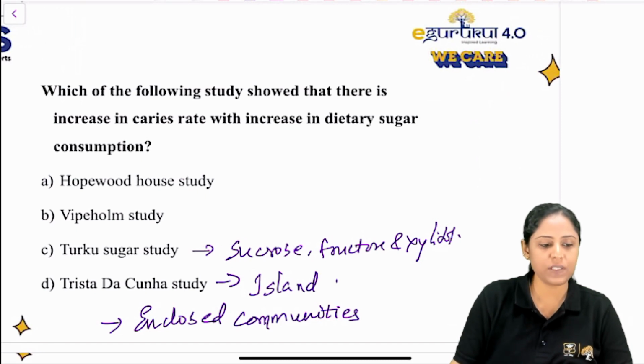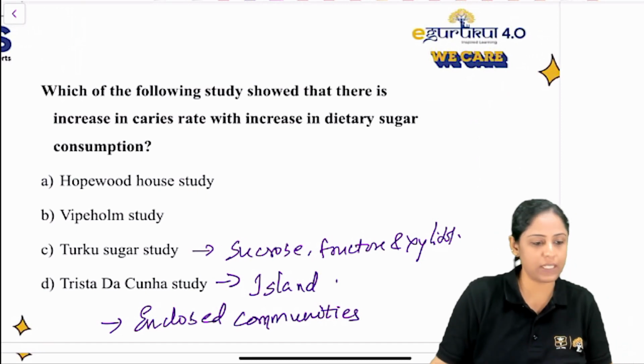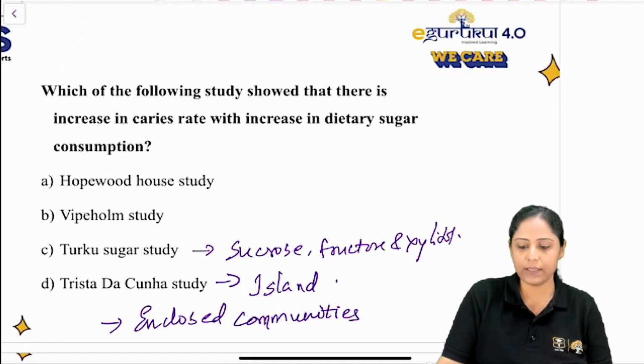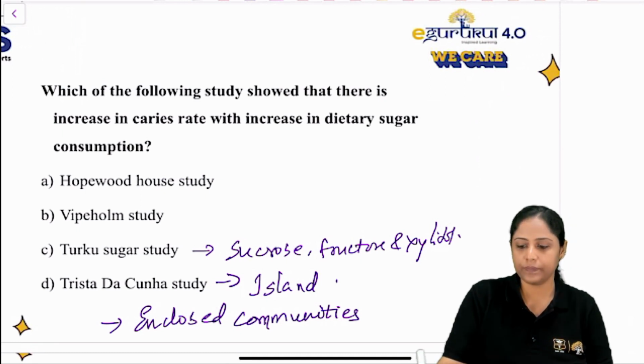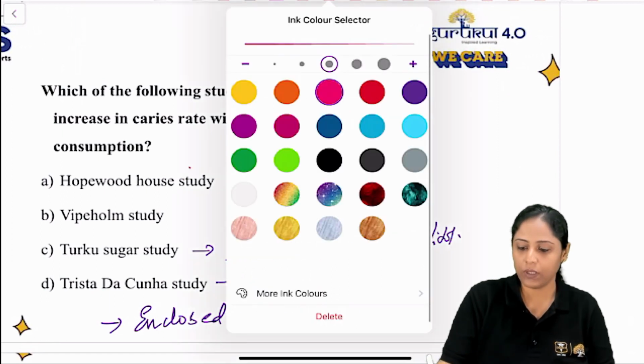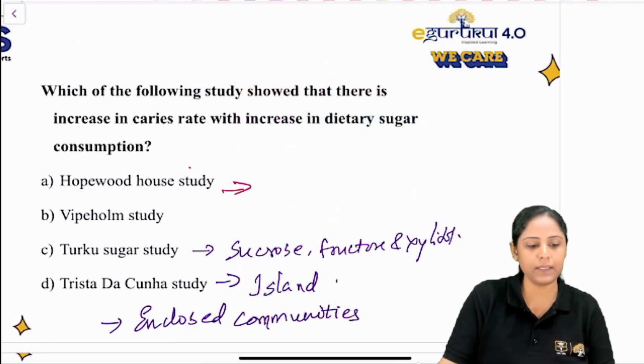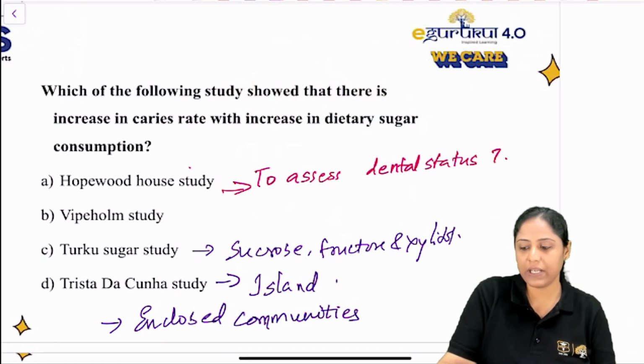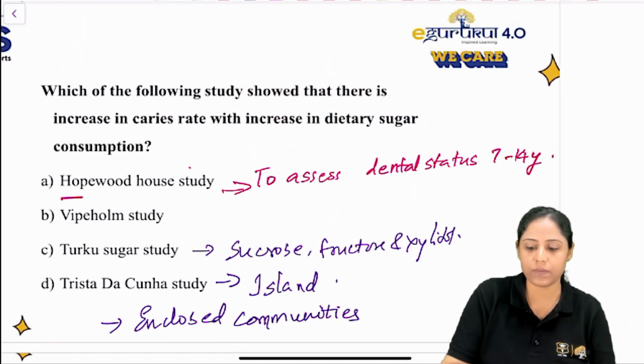Coming to the Vipeholm study and the Hopewood House study. The Hopewood House study was done to assess the dental status of children between 7 to 14 years of age residing at Hopewood House.